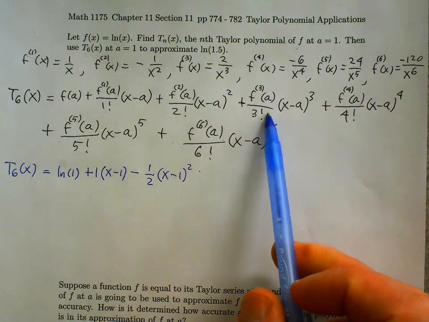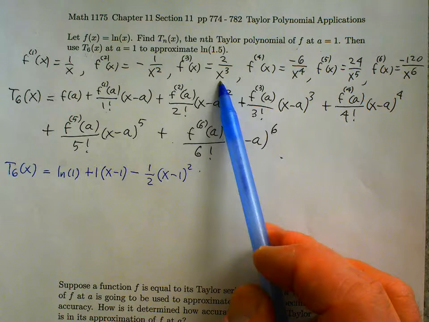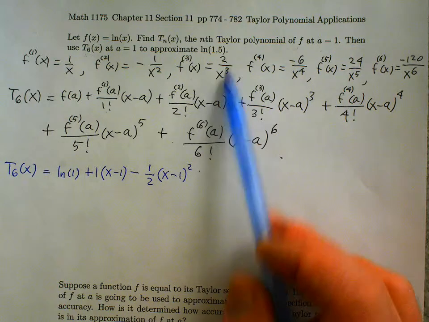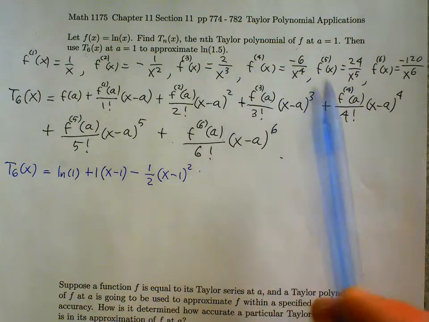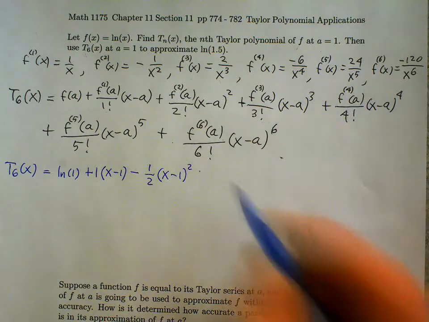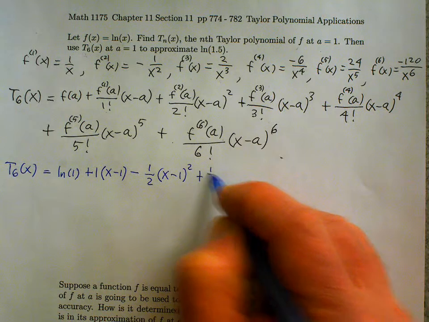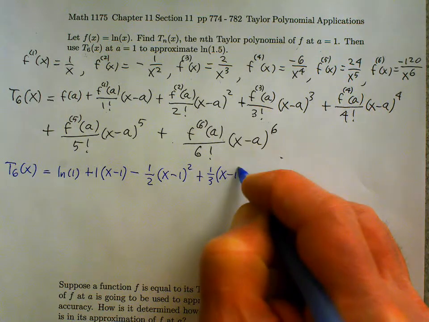And then the next term, the third derivative of f is 2 over x to the third, evaluated at a equals 1. That's just 2. And then 2 over 3 factorial is just 1/3. So this is plus 1/3 times the binomial x minus 1 to the third.